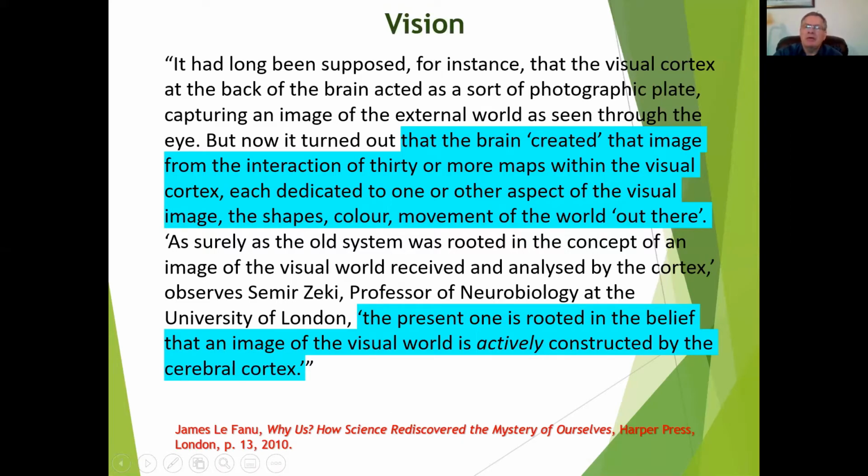And the other take-home point is that the present view is rooted in the belief that an image of the visual world is actually constructed by the cerebral cortex. So you have 30 or more maps, and you have the visual world constructed by the cerebral cortex. That's the take-home message from that slide.